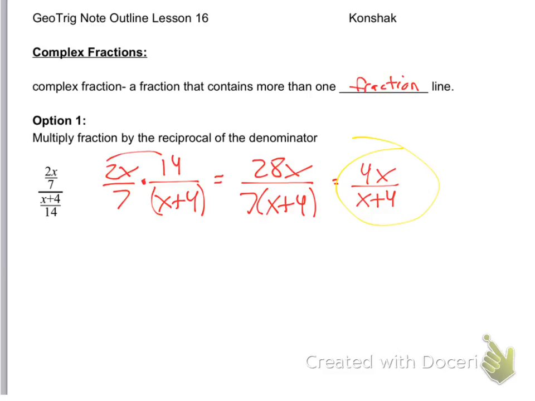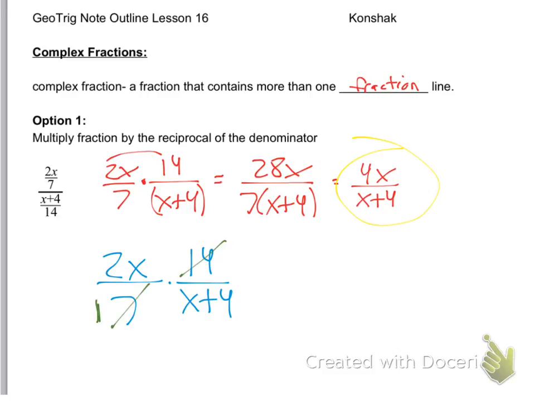Now let's take a look at if we change it just slightly, going back to this idea that I want to simplify before I multiply. Going back to the idea that we're going to multiply everything on the top, everything on the bottom. Can't I say, hey, I could simplify this by canceling a 7 right here?